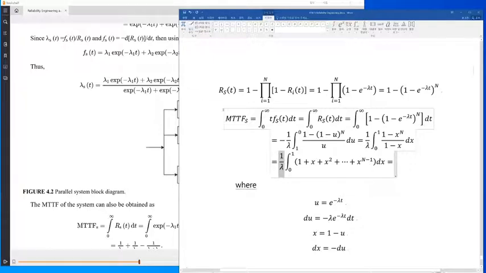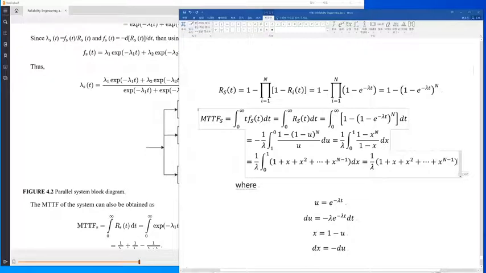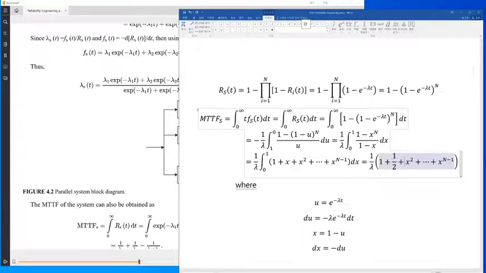So what we are going to get is 1 over lambda, and if we integrate 1, then we get 1. If we integrate x, then 1 over 2, with integration from 0 to 1. In case of x squared, if we integrate x squared we get x cubed over 3, and if we apply 0 and 1, it will again become 1 over 3.